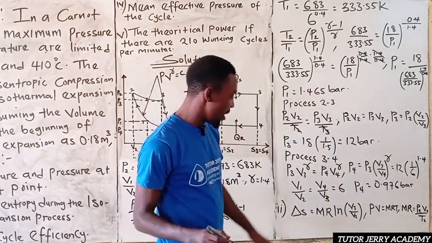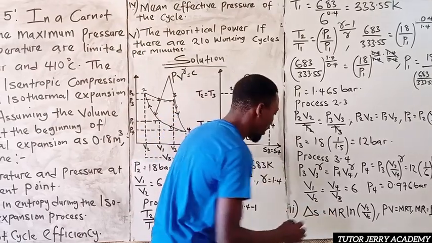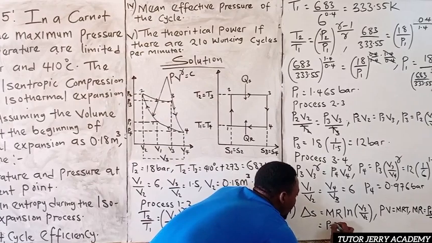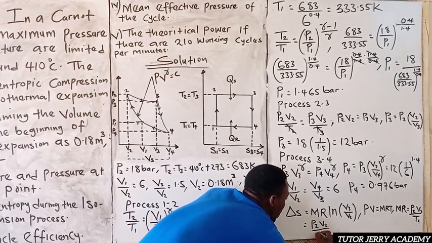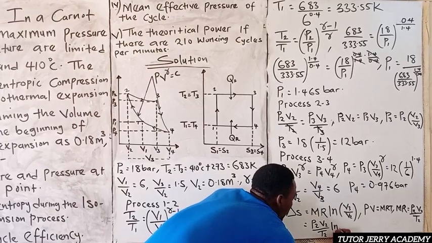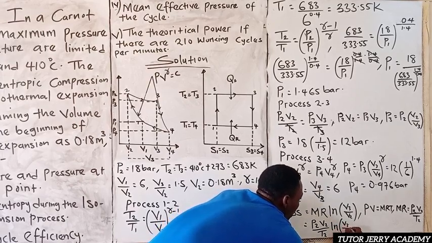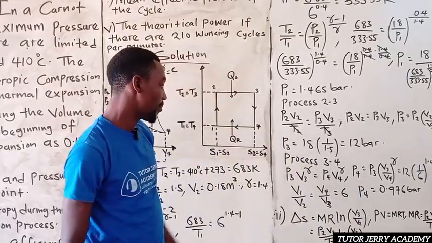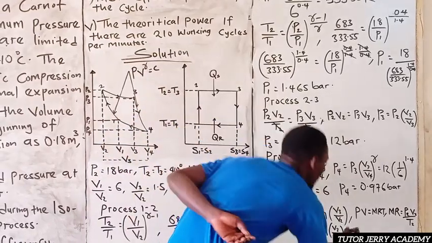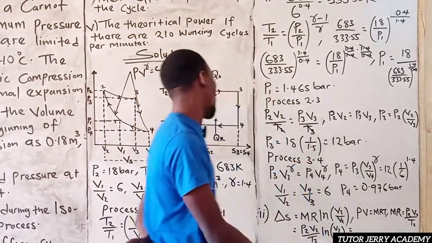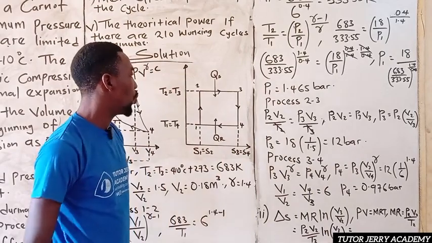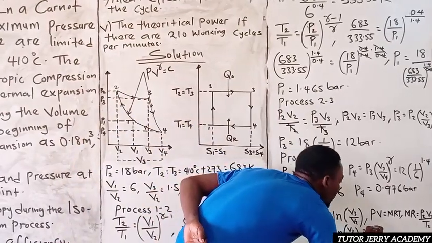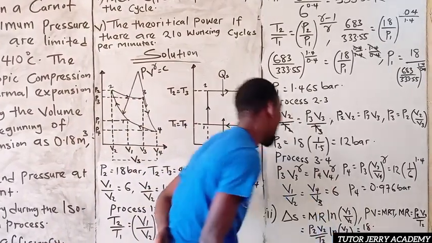So now we are going to replace everything that we have here. It is going to be equal to P2 V2 over T2, ln of V3 over V2. If you substitute all the values, what is P2? P2 is 18, multiplied by V2.